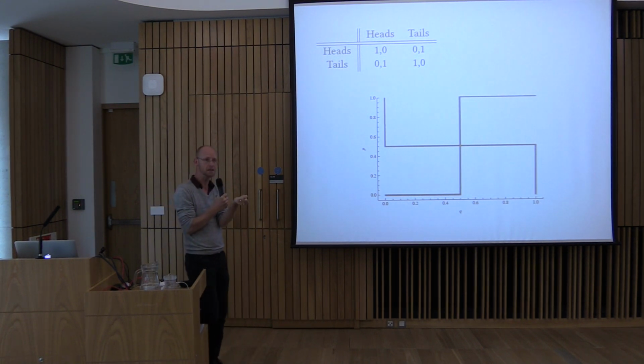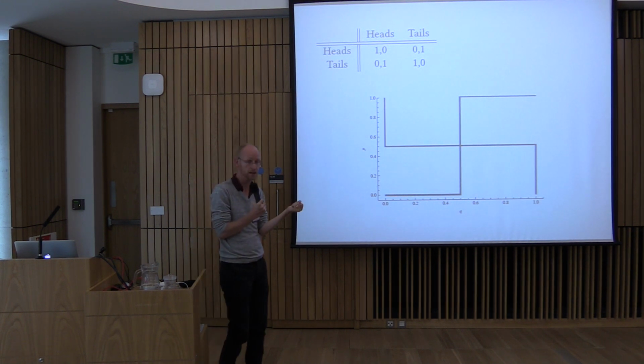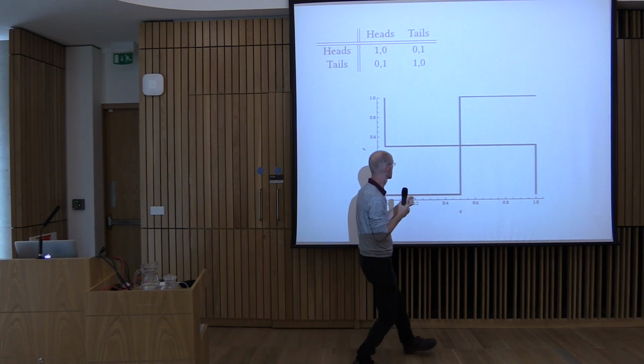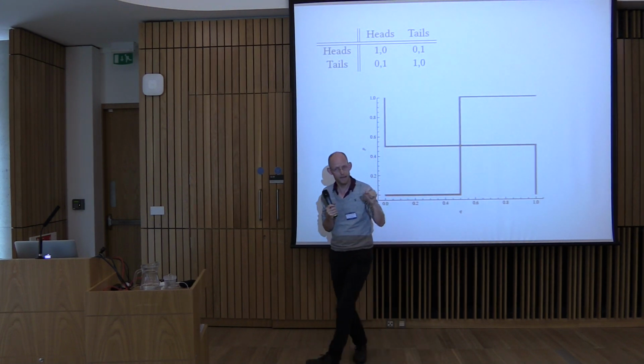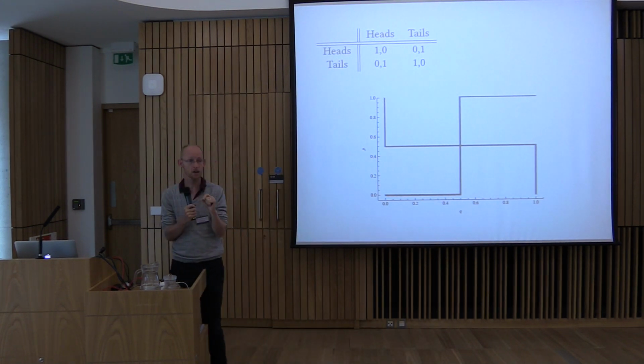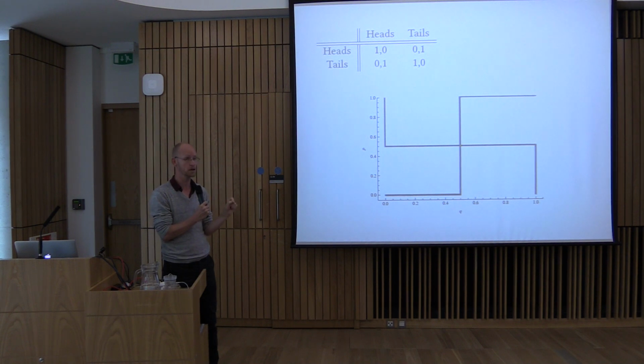So you want to completely mix your actions. You want to play half times tails, half times heads. But that holds, of course, for both players. So what you end up with is that you both play half tails, half heads. And that is then also the unique Nash equilibrium of this game. You both play half-half. Yeah?